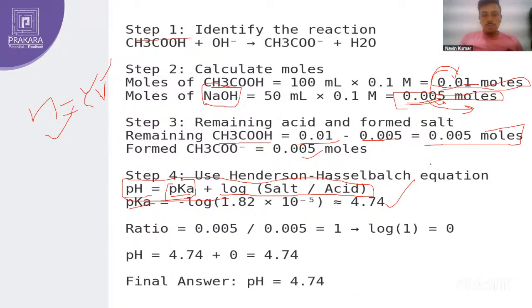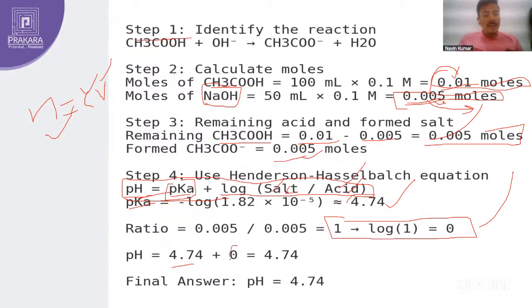Now put this pK value in the Henderson-Hasselbalch equation. pH will be pK, that is 4.74, plus log of salt upon acid. Here the salt concentration is 0.005 and the acid concentration is 0.005, so salt upon acid will be 1. Log 1 means 0.